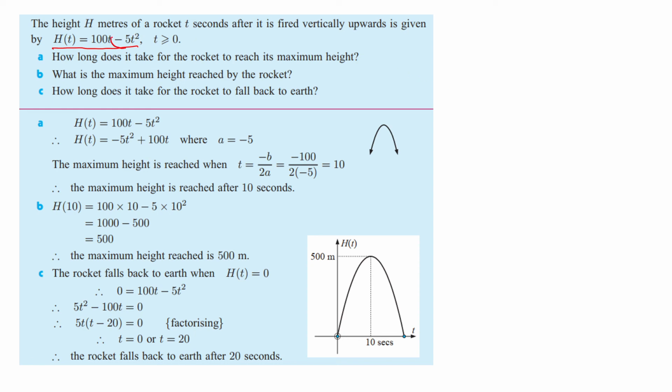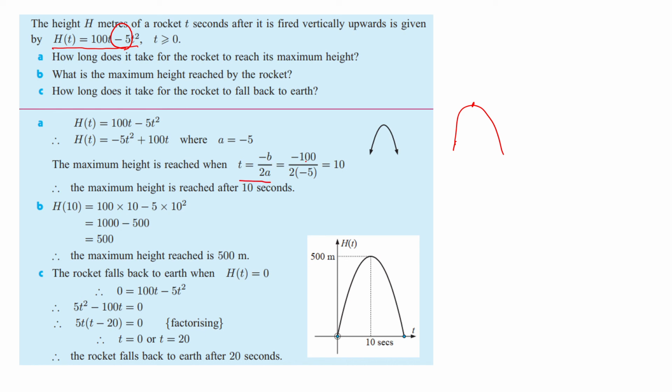And because the value in front of t squared is negative, we know that the shape should be open downward. So it's an open-downward parabola, and it must have a vertex or a maximum point. So we use the formula x equal to negative b over 2a.